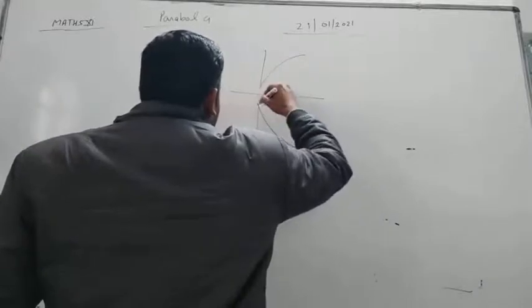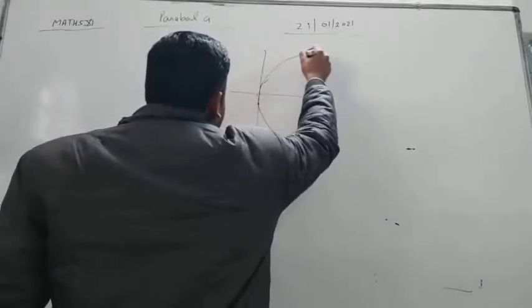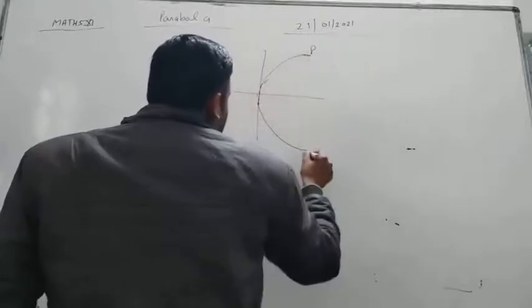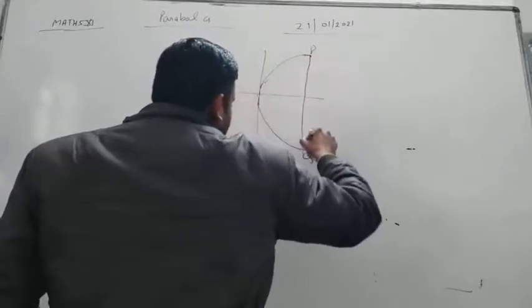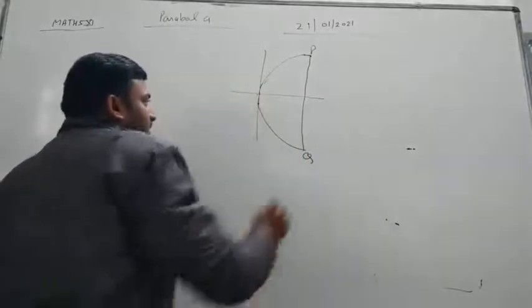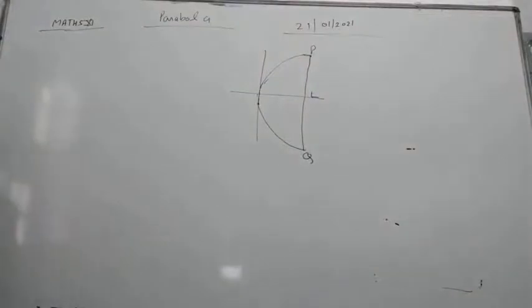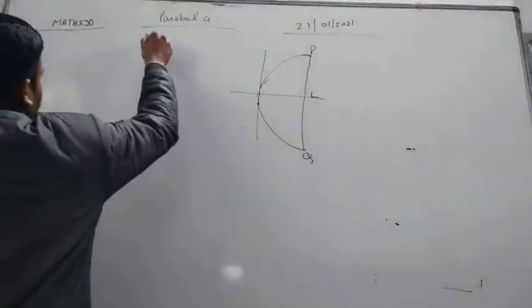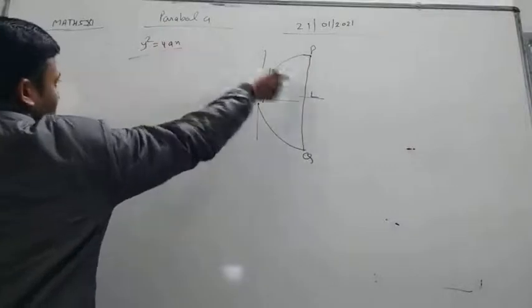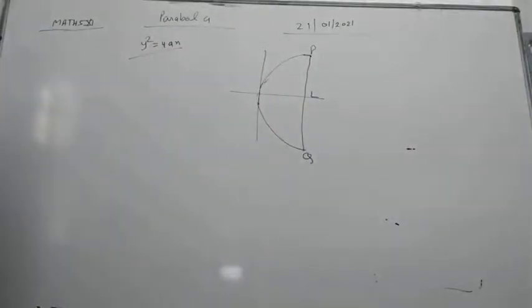Our PQ is like this, P and Q, and this is a double ordinate of the parabola. The parabola y square is equal to 4ax will lie on the x-axis, in the positive direction.